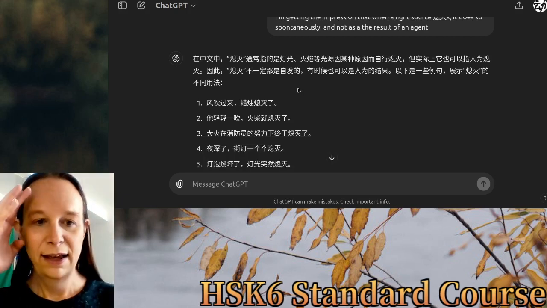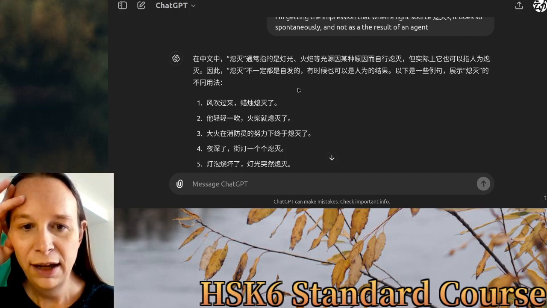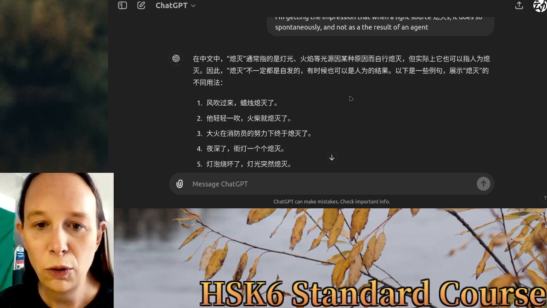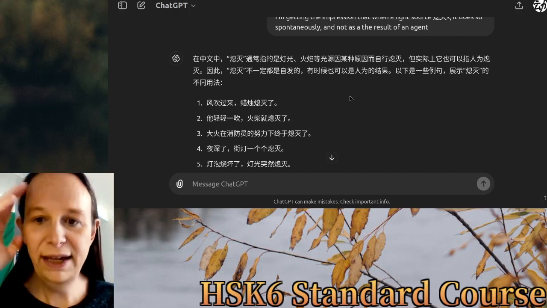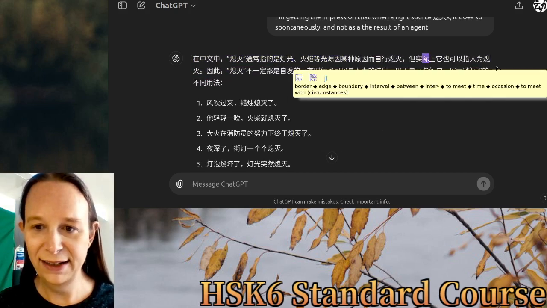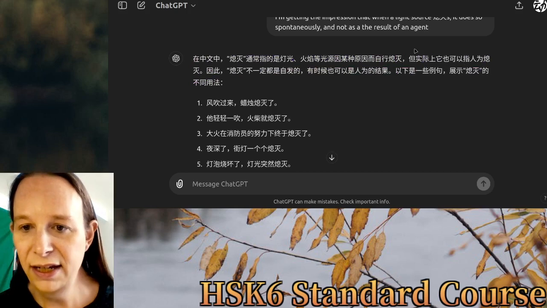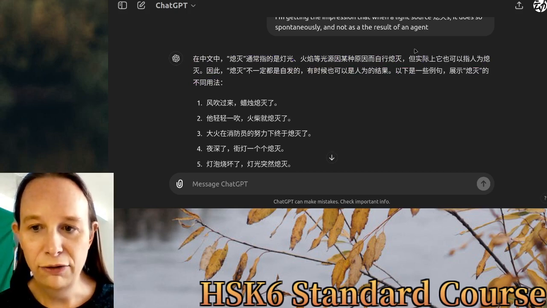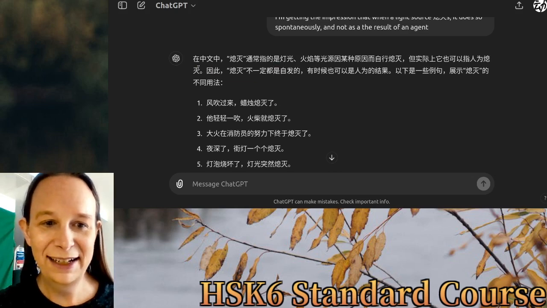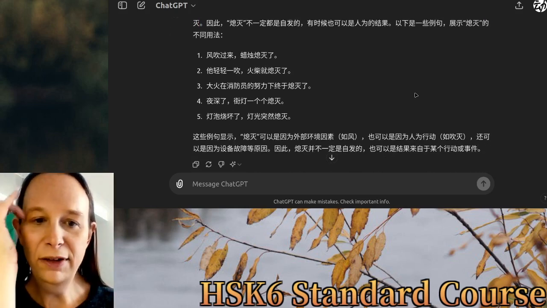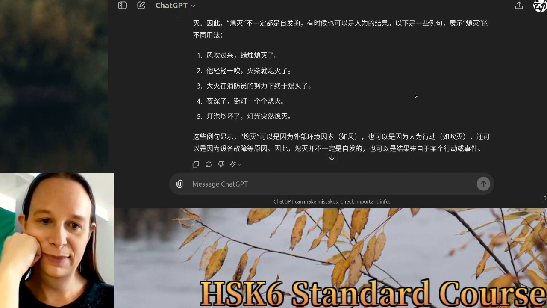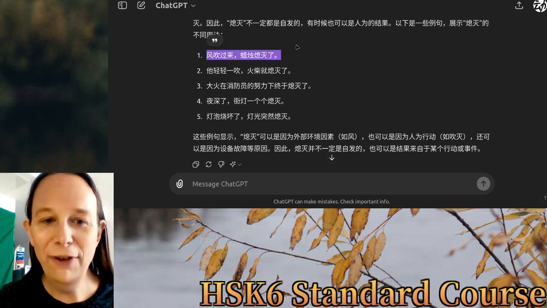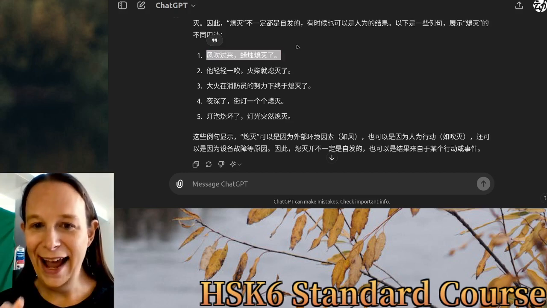在中文中，熄灭通常指的是灯光、火焰等光源因某种原因而自行熄灭。Yeah, so mostly it just goes out spontaneously. 但实际上，它也可以指人为熄灭。Oh, okay, so no, ChatGPT is saying I'm wrong. 人为熄灭。吹风过来，蜡烛熄灭了。Okay, so from this we infer that the candle went out because of the wind.